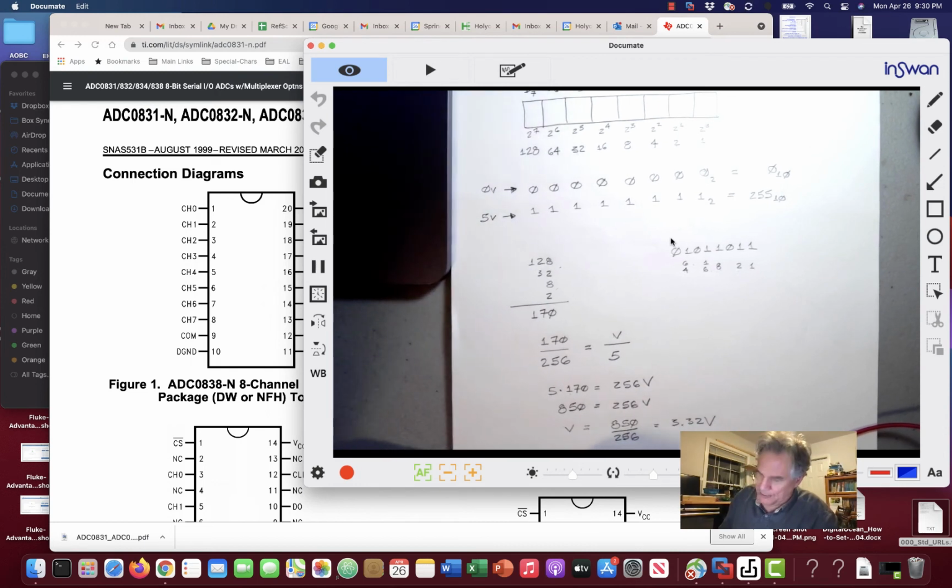So let's do our proportion here. 91 is to 256 equals V is to 5.